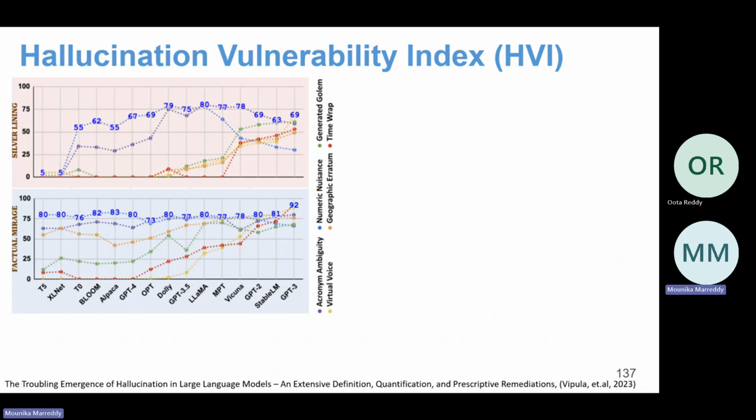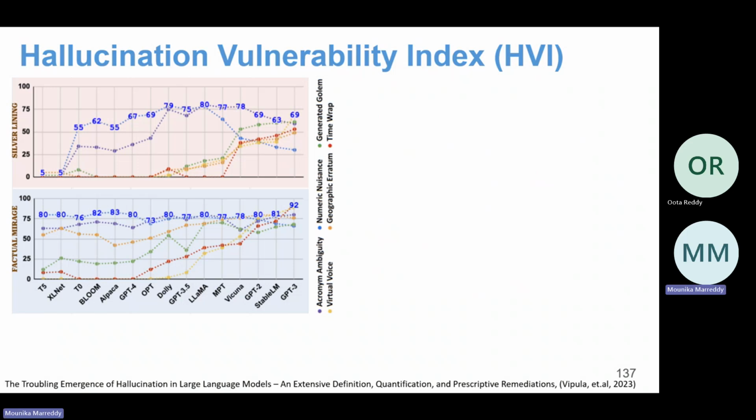To inspect the categorical changes in hallucination behavior of a particular LLM, please refer to the vertical axis of the hallucination spectrum. Numeric nuance and acronym ambiguity are mild hallucination categories, showing reduced orientations as LLM size grows.